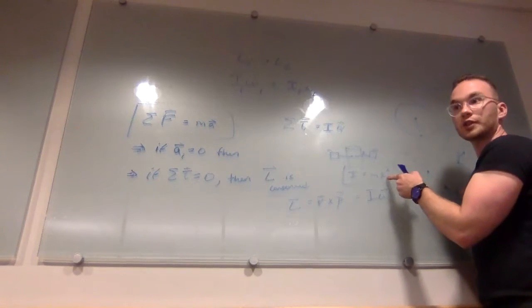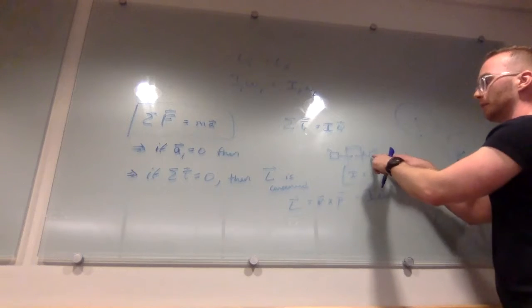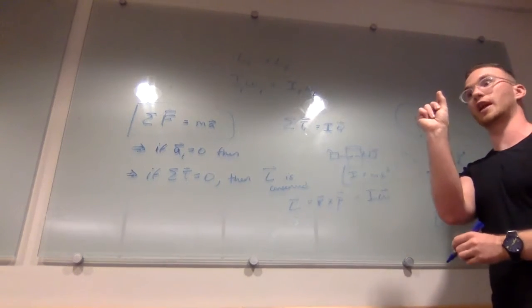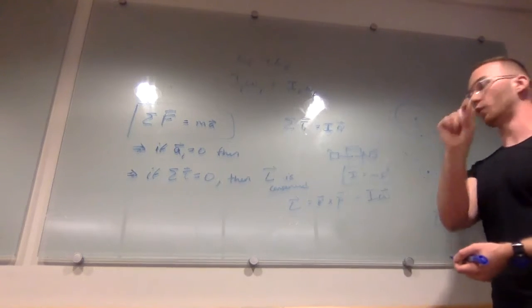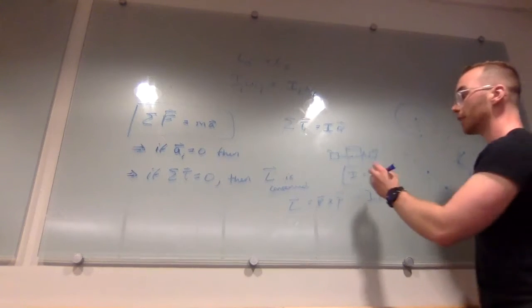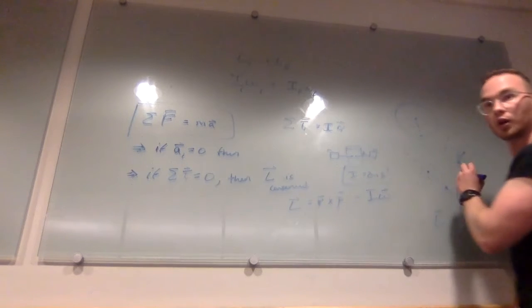This comes from the parallel axis theorem, which I'll talk about in a second. It's just the parallel axis theorem for a single object at the origin. At the origin it has no moment of inertia because it doesn't take anything to spin a point. But if you move the origin away, you just have to add this. There are two of them, so it's this, plus your moment of inertia.